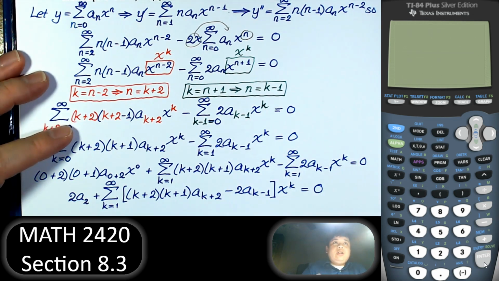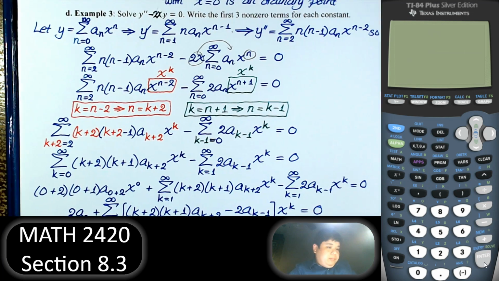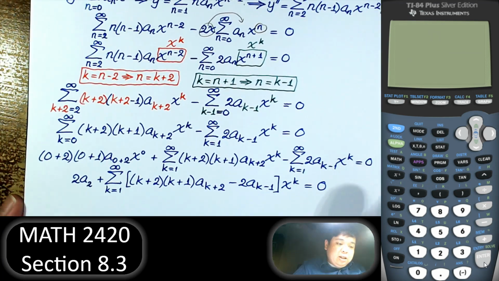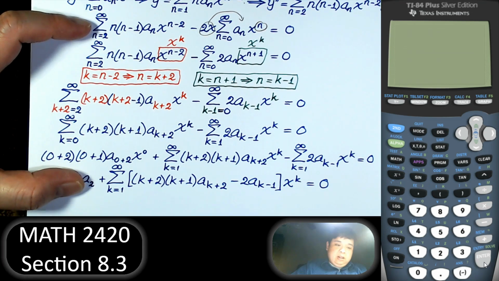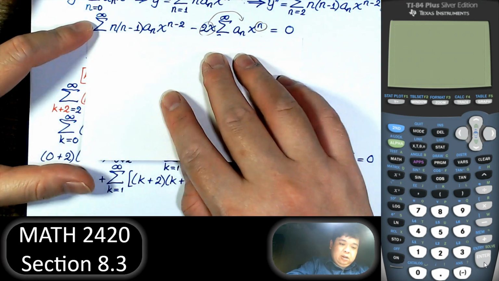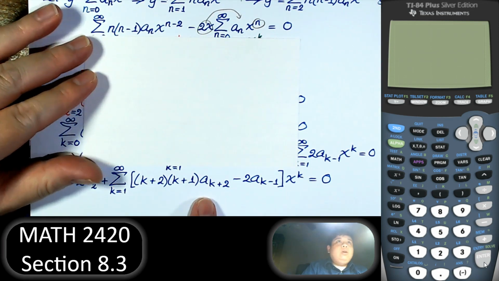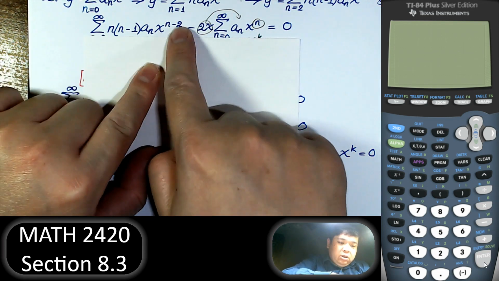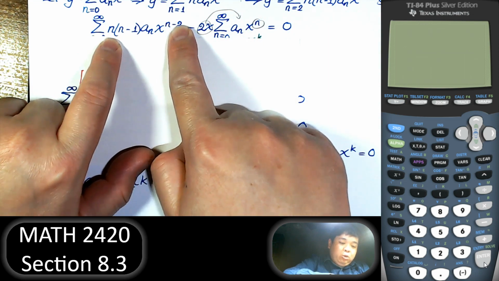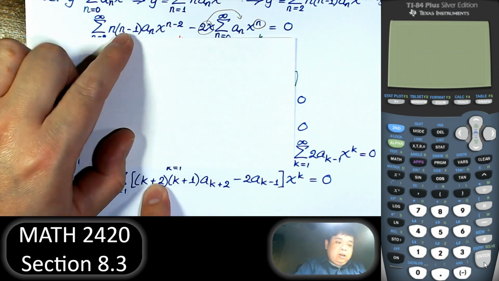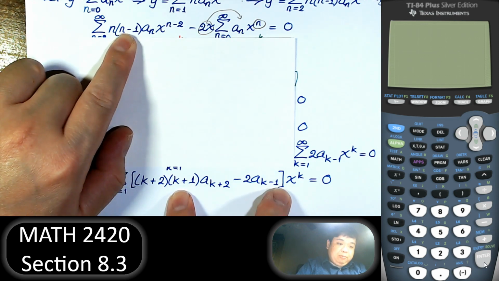Right, let's pause and check. So we'll leave that. Right, this 2. And this. The coefficient will be 2 more than the power, n minus 1 is 1 more, yep.